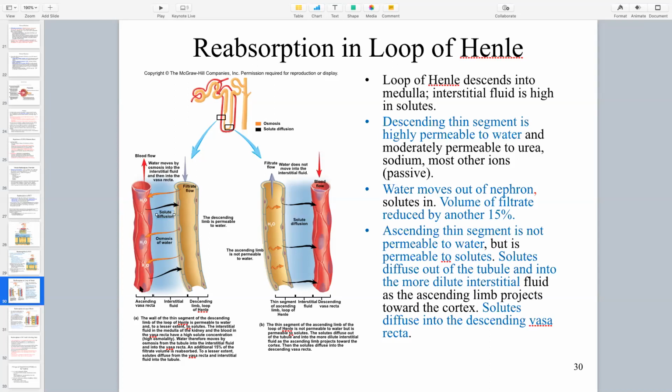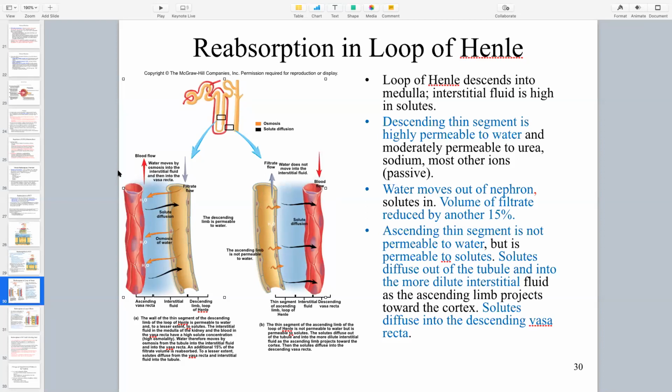The vasa recta has blood moving upwards. That's going to be important, right? So for right now, I just want you to think, there's a flow of fluid and blood in opposition. The fluid and flow right here allows us to concentrate urine incredibly well.